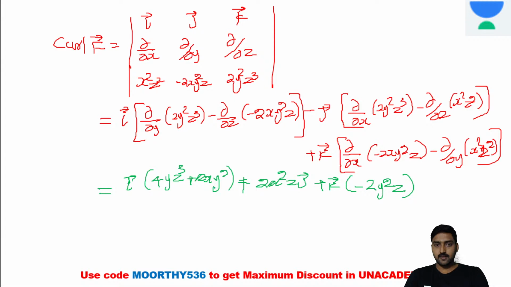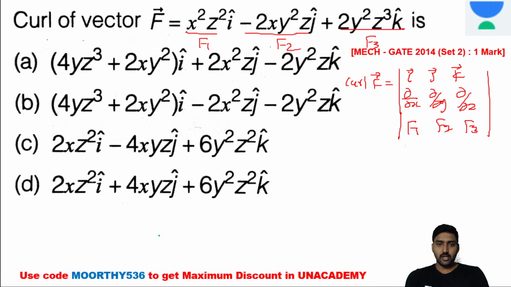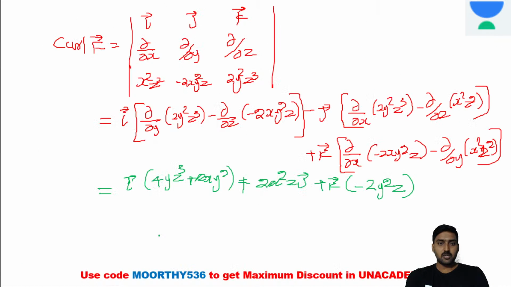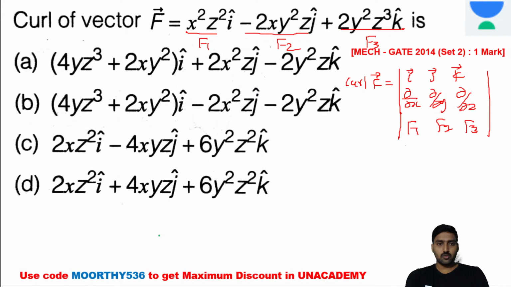Now what will be the value? 4y z cube plus 2x square y, then plus 2x square z. This is available in option A. So option A is the right answer for the curl of the given vector.